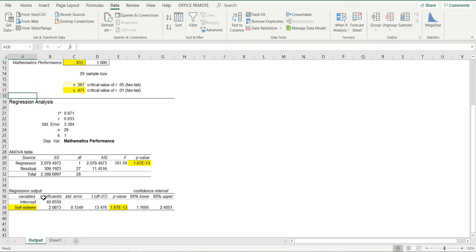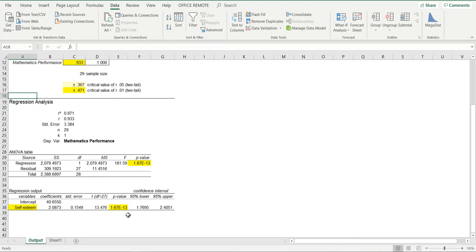As we can see here, the p-value of the self-esteem is 1.67 e minus 13. This value is actually 1.67 times 10 raised to the power of negative 13. So that means we have 0.000000000000167. So very small.